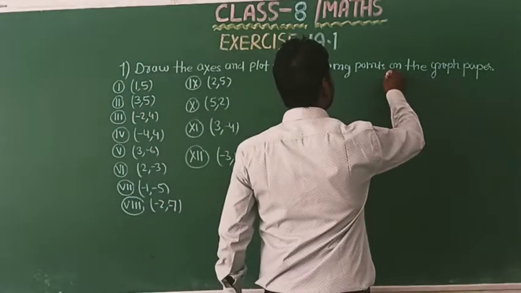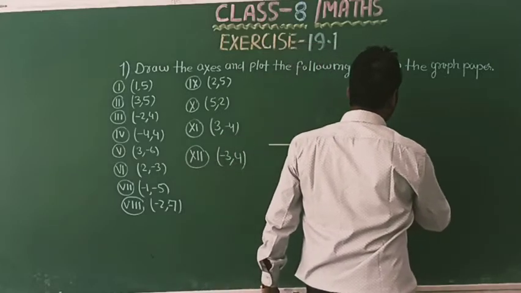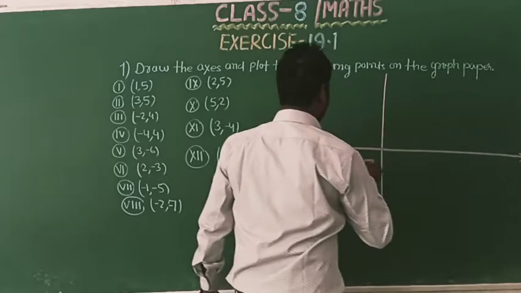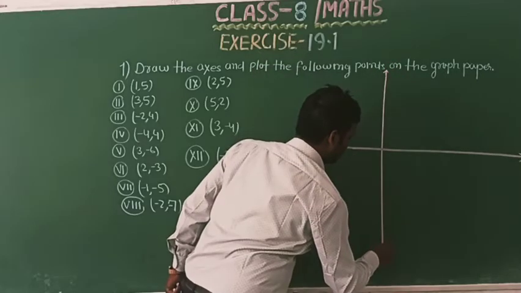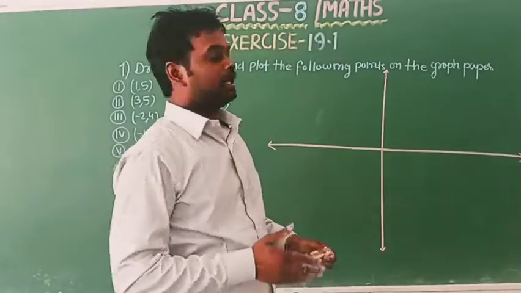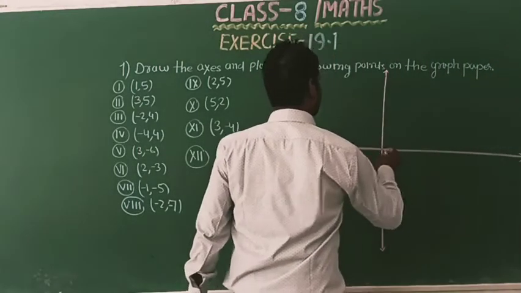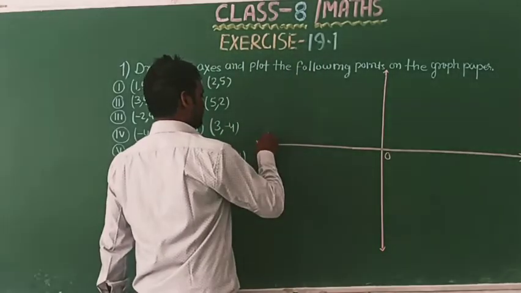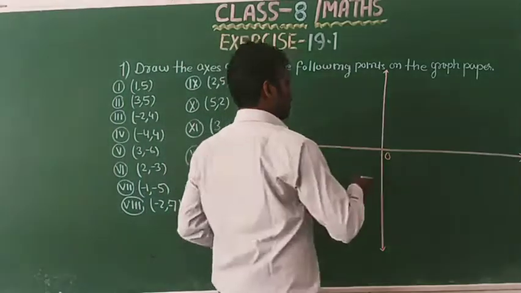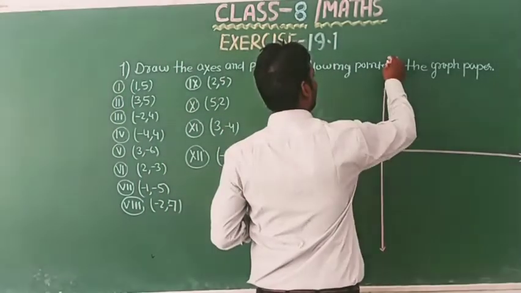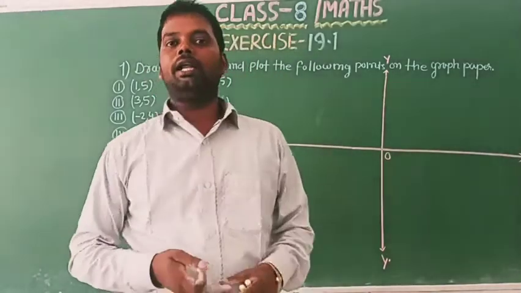This is the vertical line and this is the horizontal line, which divide the plane of the graph paper into four equal parts. These are called quadrants. The horizontal line is called XOX dash, the x coordinate axis or x-axis, and the vertical line is called YOY dash, the y coordinate axis or y-axis.